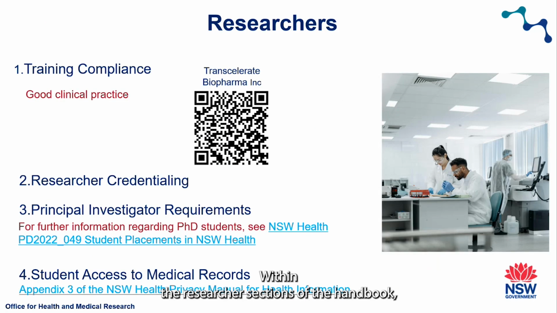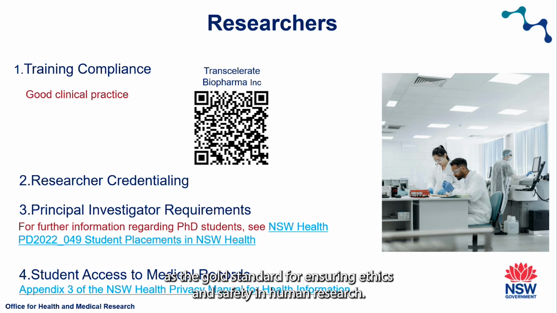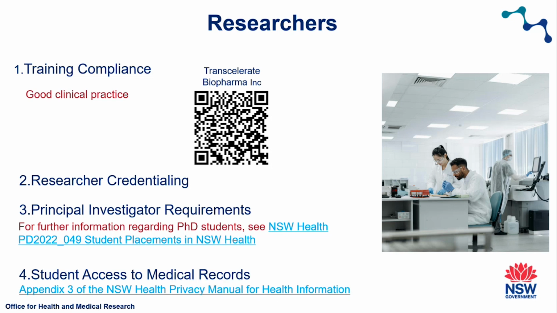In the researcher sections of the handbook, there is an emphasis on GCP as the gold standard for ensuring ethics and safety in human research. You, research operation managers, can encourage researchers to access accredited GCP training via the Transcelerate Biopharma Inc. website by scanning the QR code that you see on the screen.